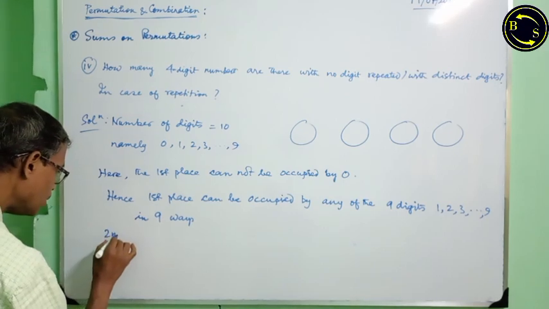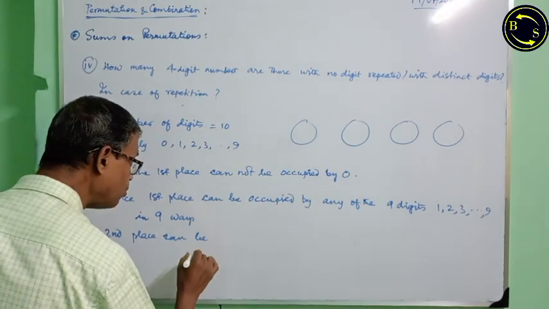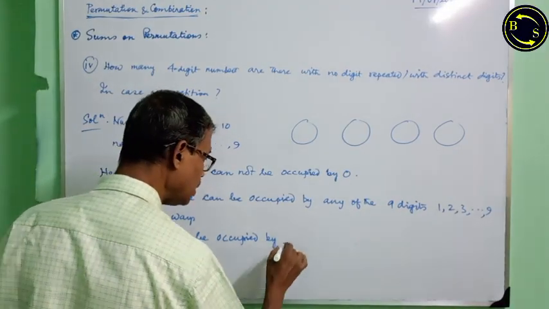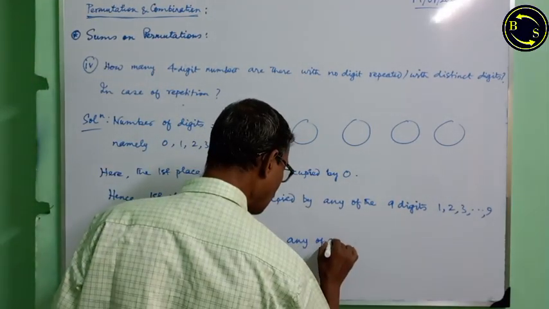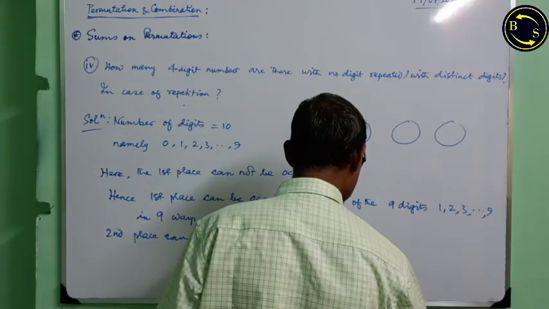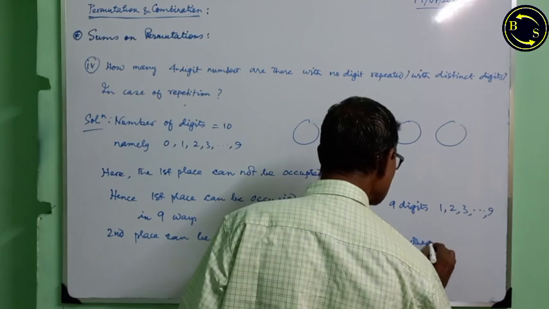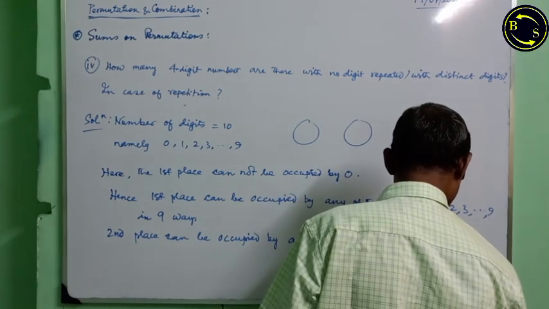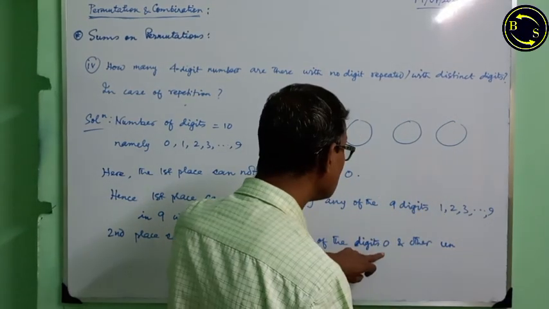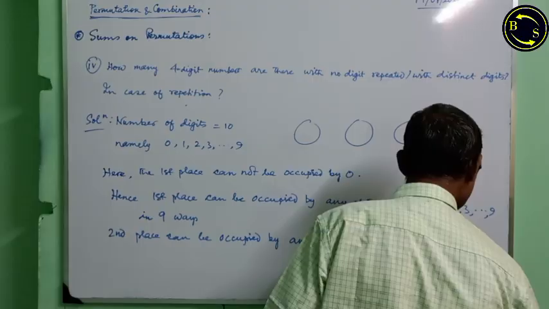Second place can be occupied by any of the digits 0 and the other unused digits.